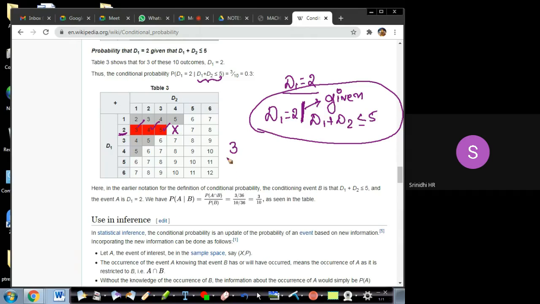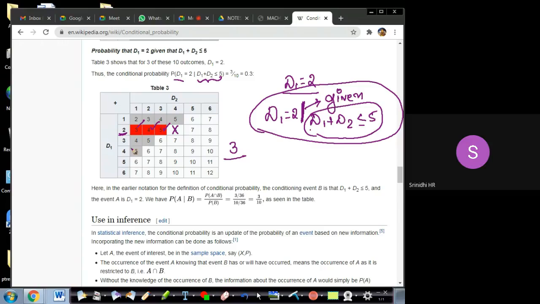So 3 divided by what? What are the possible outcomes which you can expect in this example? What is my available given data here? d1 plus d2 is less than or equal to 5. What are my possible outcomes? 10.